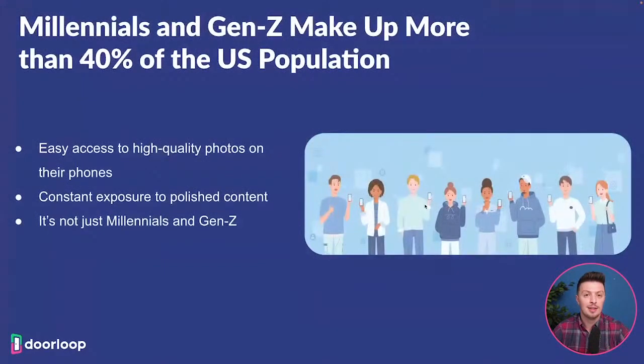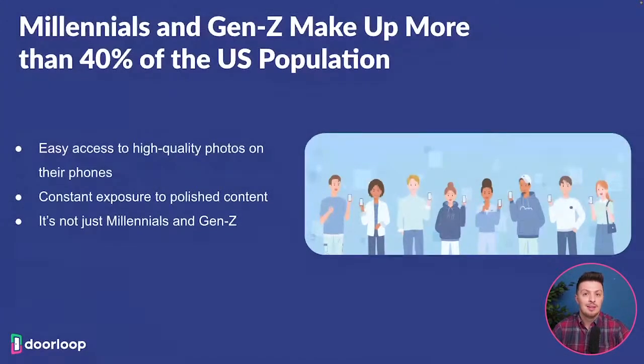All right, and then this feeds into the last point, just expanding upon it a little bit. Everyone nowadays has access to high quality cameras on their phone, so they're used to even taking good pictures themselves, not just consuming it. And millennials and Gen Z make up 40% or more of the U.S. population right now, and they're constantly consuming this type of content.